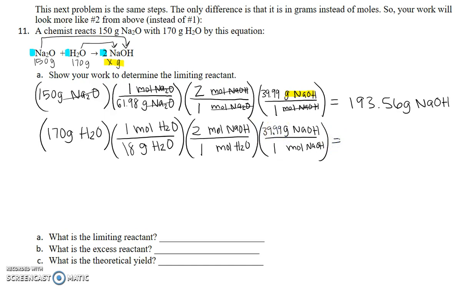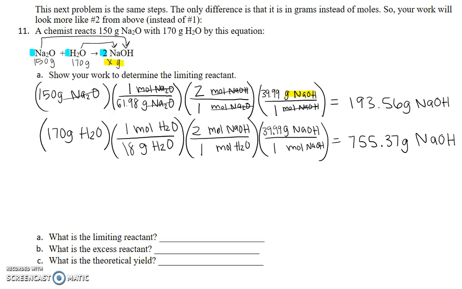To solve, I plug into my calculator 170 divided by 18 times 2 times 39.99. This gives me 755.37 grams of NaOH. Now I've shown my work to be able to determine the limiting reactant.